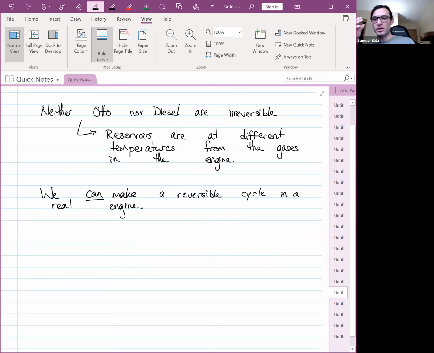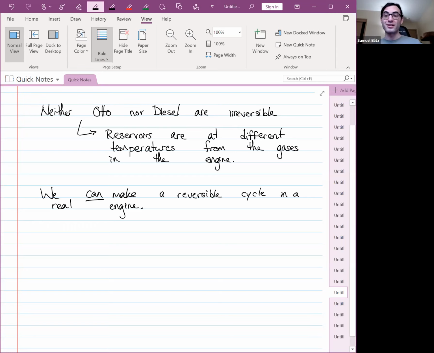Like if your gas is at 350 Kelvin, then the temperature of the reservoir that it's getting the heat from should be 350.0001 Kelvin or something like that. Now, obviously, that will still technically be irreversible, but it'll be a lot closer to being reversible than the case where you have large temperature differences.